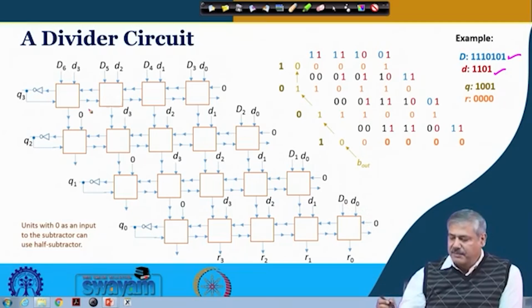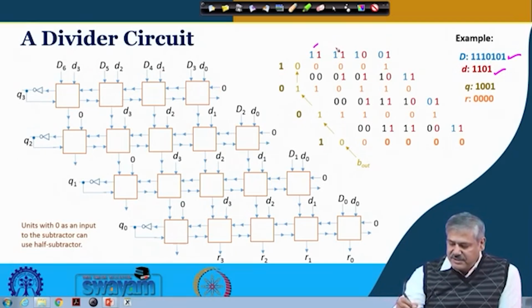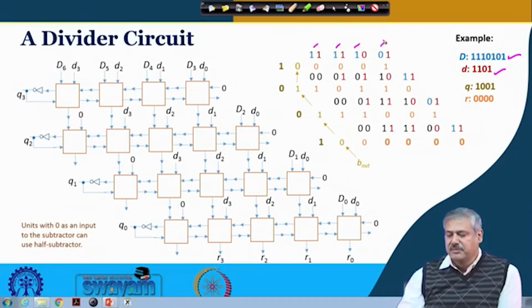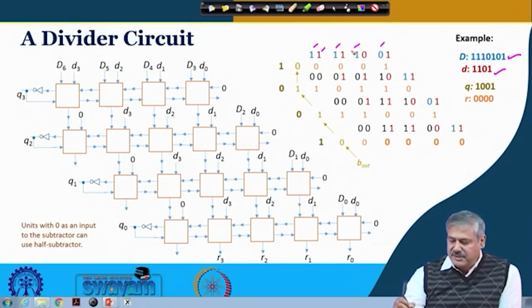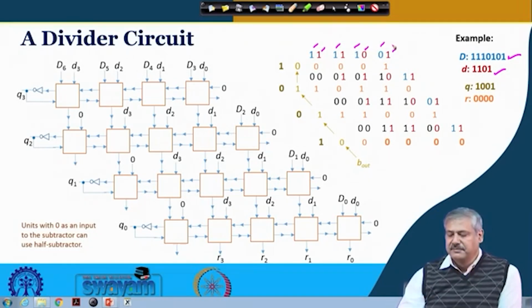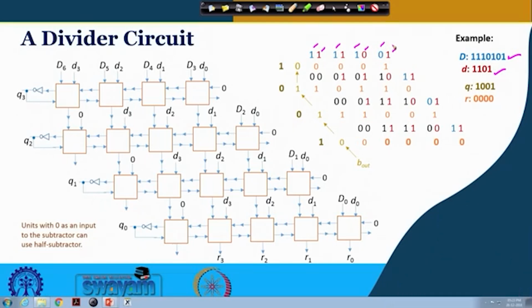First we shall take up D6, D5, D4, D3, so this is 1, 1, 1, 0. This is D6, D5, D4 and D3, that is in blue. And the divisor is 1, 1, 0, 1. This is the divisor, that is in brown. Is it okay?